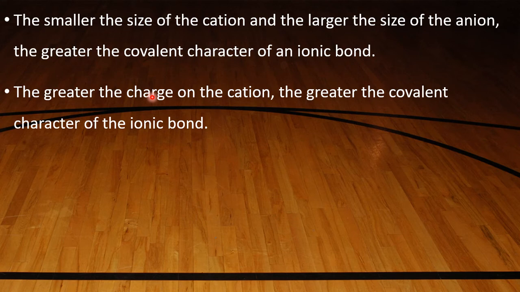When the charge is more, the cation can polarize the anion more. When it polarizes the anion more, instead of transferring the electron, it wants to share the electron. So due to the greater polarization by the cation, the ionic bond is getting more covalent character. Among sodium chloride, magnesium chloride, and aluminum chloride, aluminum chloride is more covalent than the remaining two chlorides.